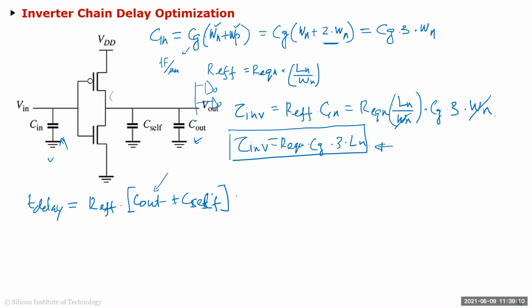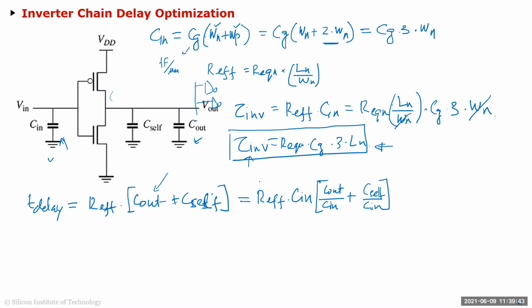And I can write this delay in a format which will make it obvious why we wrote this expression here. So if I multiply by C in and divide by C in, I'll take R effective times C in, divided by C in. So this will become C out over C in plus C self over C in.